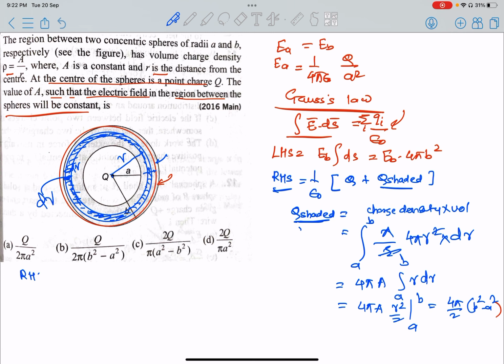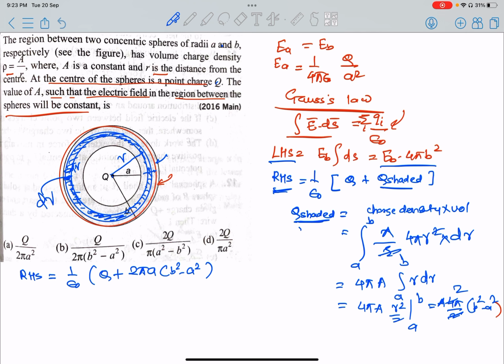My RHS in this Gauss's law is 1 upon epsilon naught times q plus, sorry, here a is missing, 4 pi a. We can just do this 2 to the 4, so it will become 2 pi a times b squared minus a squared. So this is the LHS that we already obtained, and this is the RHS.